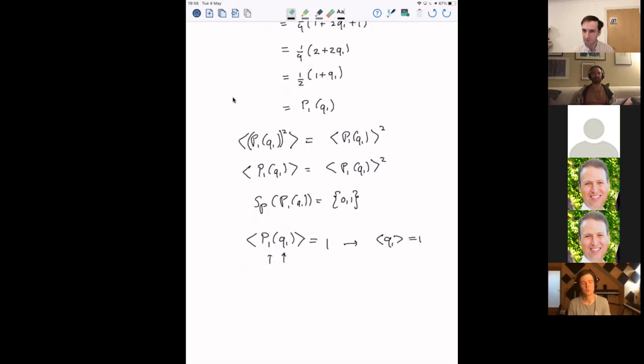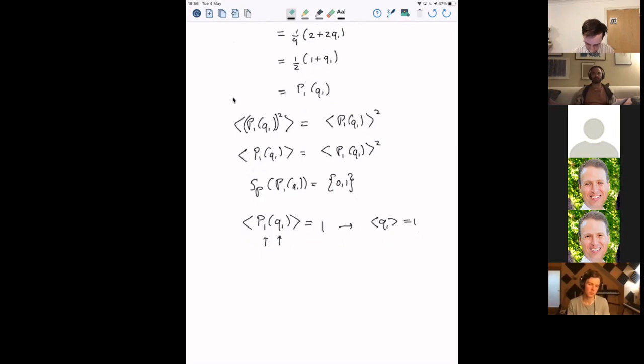And in fact, you can prove this mathematically by just using the definition of P1. If you take the expectation value of P1, we know that this is the expectation value of a half times 1 plus Q1.